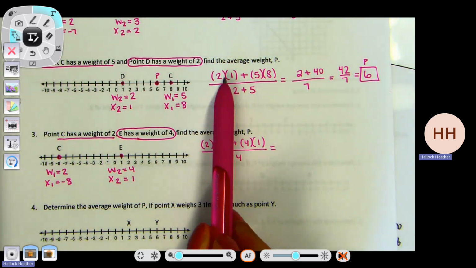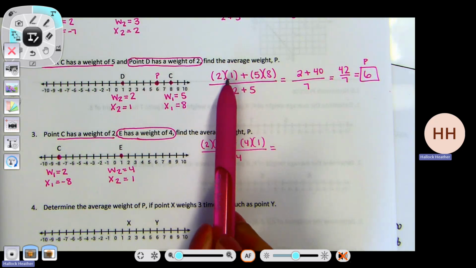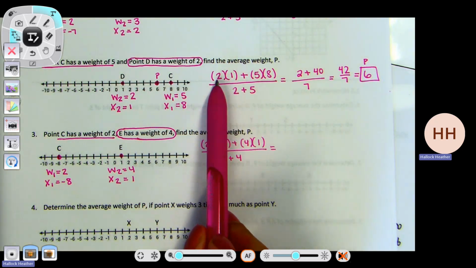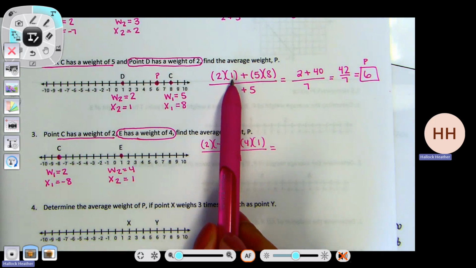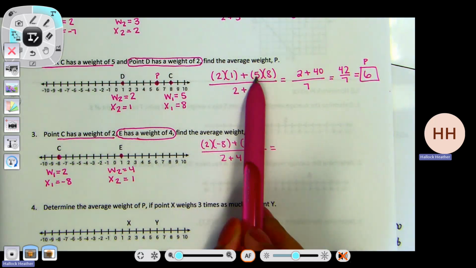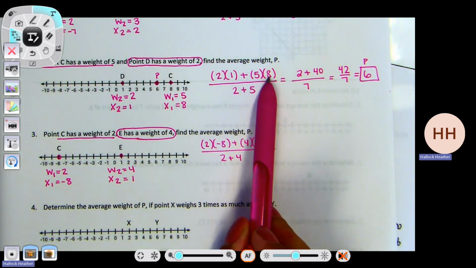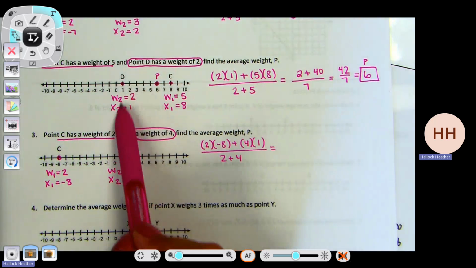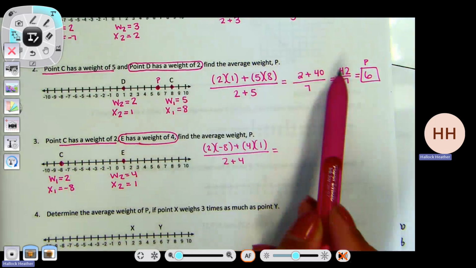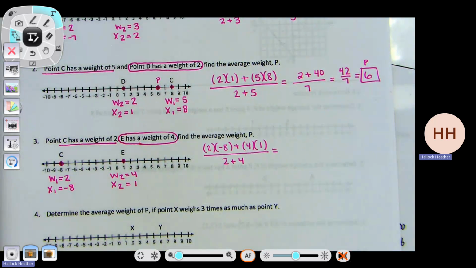Because whenever I accidentally wrote these in, this is what I was saying earlier, this is supposed to be weight 1 and x1, which would be 5 and 8. But I wrote 2 and 1 because 2 and 1 would really go here, but it doesn't matter because either way, you're multiplying these numbers together and these numbers together, and then you're adding them together. So yes, I plugged into the formula wrong, but it means the same thing because you're going to multiply and just add them together anyways.